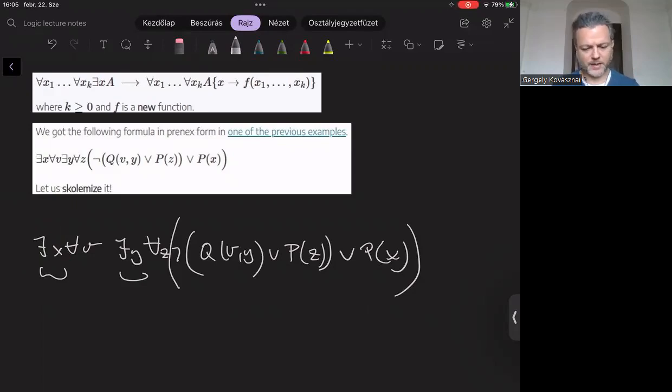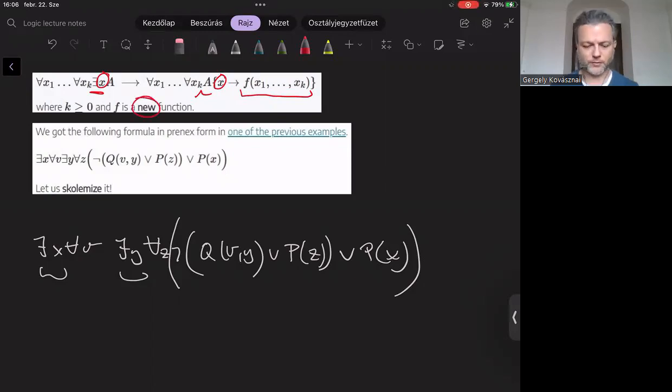On the top of the screen, you can see the general rule of Skolemization. Basically, if you have an existential quantifier, it disappears, as you can see. And this can only work if you do something with the variable bound by this quantifier. You must substitute this variable with a new term, and this new term is a function call, where the function is a brand new function.